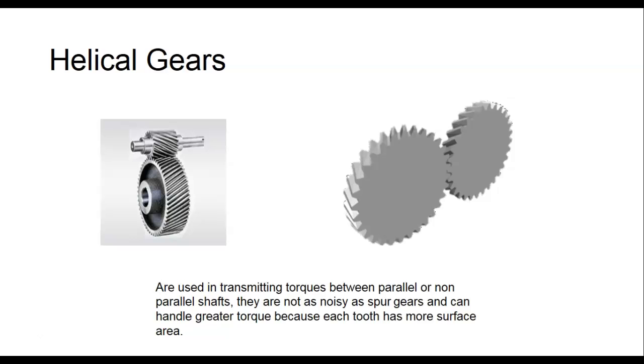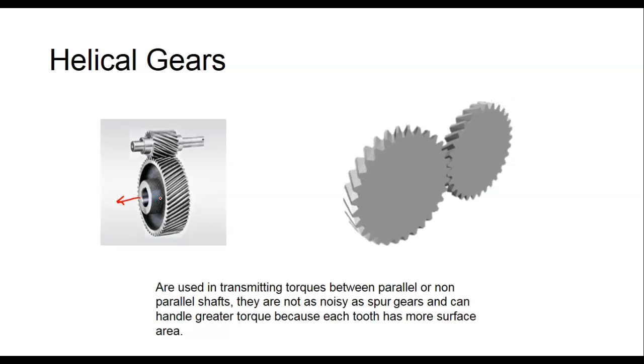The only problem we have with helical gears is they create a lot of axial load. They're actually trying to push each other apart, right? You understand that? They try to pull themselves apart from each other.